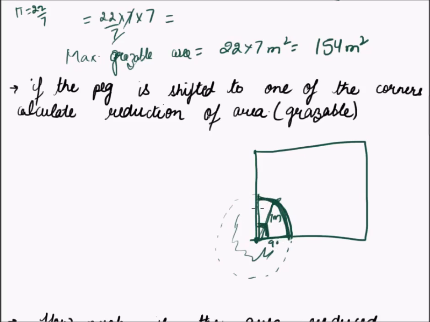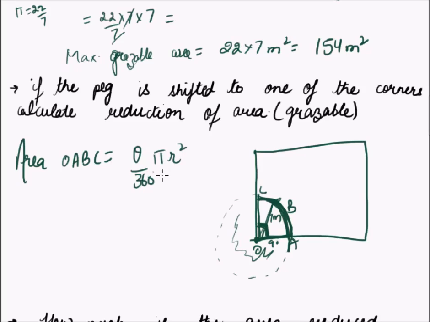So this area OABC will be the area of this sector, that is theta over 360 degrees into pi r square, the area of the complete circle.